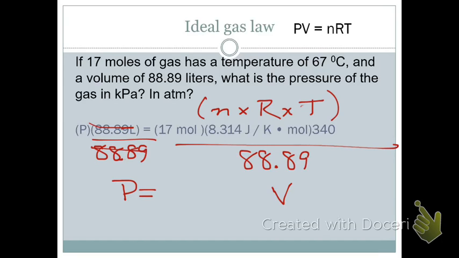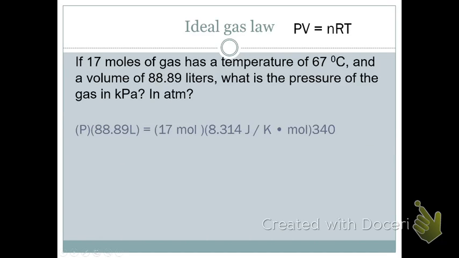Once again, that's open parentheses, 17 times 8.314 times 340, close parentheses, divided by 88.89. That is going to give you your pressure in kilopascals, which should be 540 kilopascals.